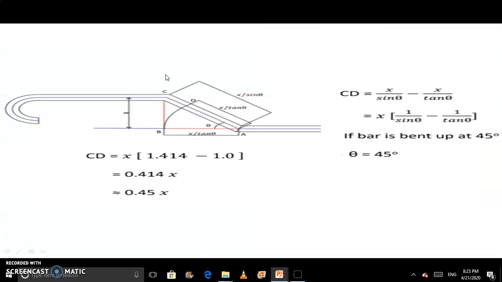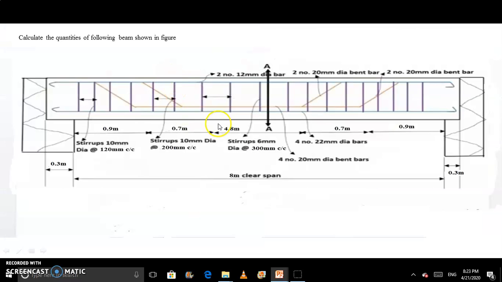If you see in our diagram, we provide stirrups at various center to center spacings. So we have to cut this beam from the center. We have to calculate this value and this value. This is the symmetry. So the value which we get here, we simply multiply with 2. We find stirrups from that side to this side and multiply with 2, so we get the stirrups on both sides.